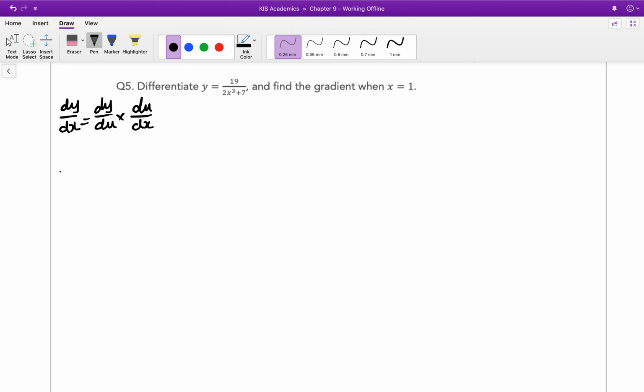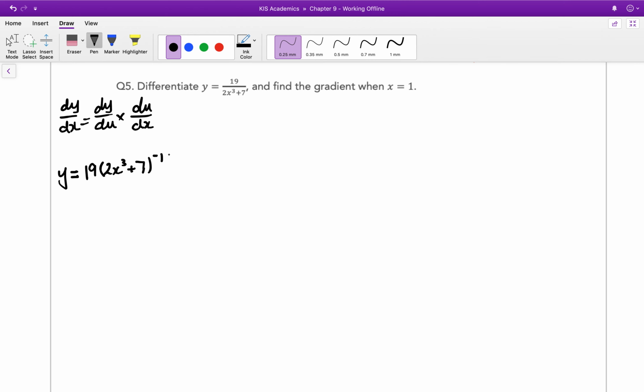So to start off with, let's rewrite this fraction so that we have a power function. So let's rewrite this so that y equals 19 multiplied by 2x cubed plus 7 to the power of -1, like that.